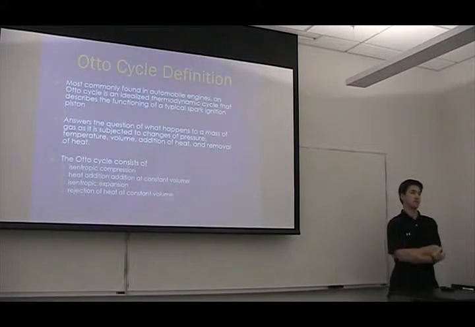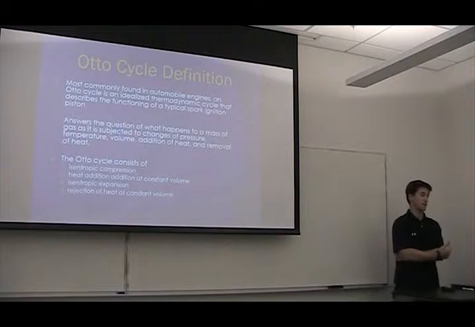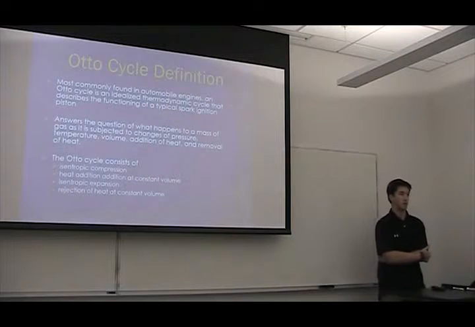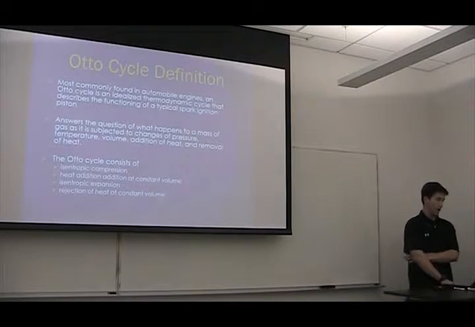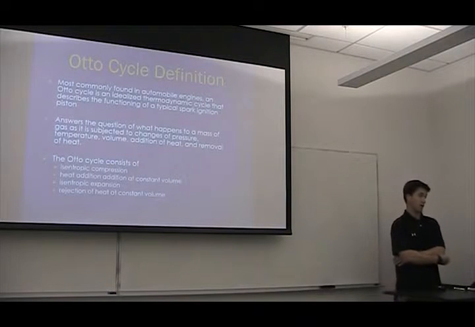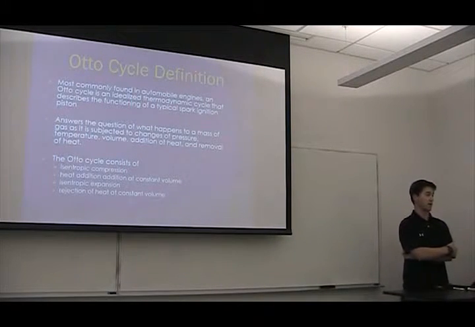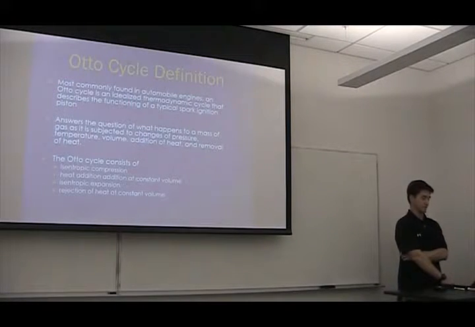It basically answers the question scientifically of what happens when you have a mass of gas as it's subjected to changes in pressure, temperature, volume, and addition and removal of heat. It consists of isentropic compression, heat addition at constant volume, isentropic expansion, and rejection of heat at constant volume.